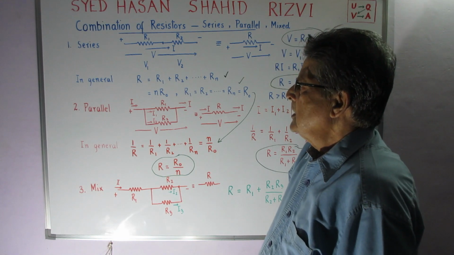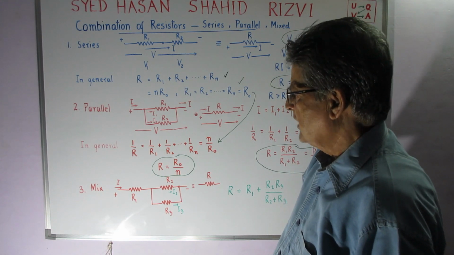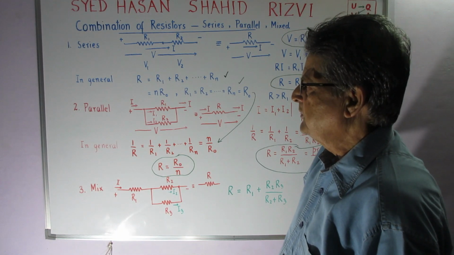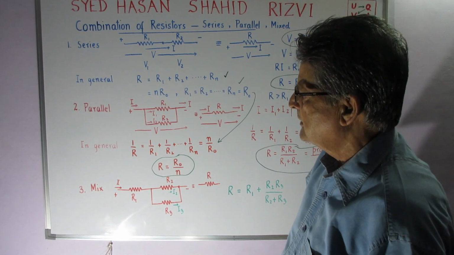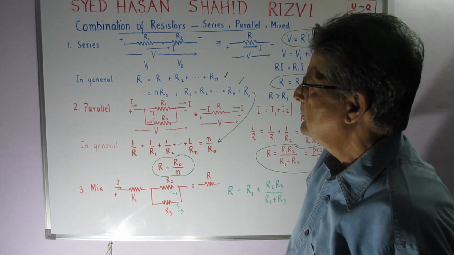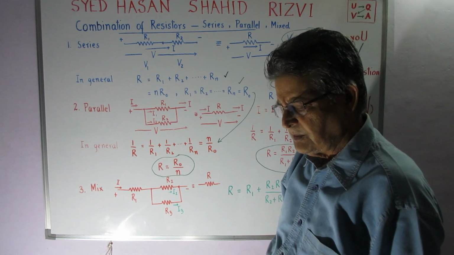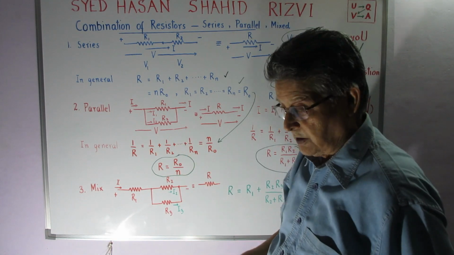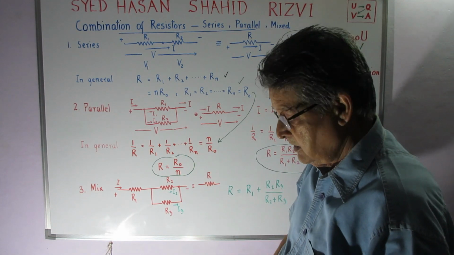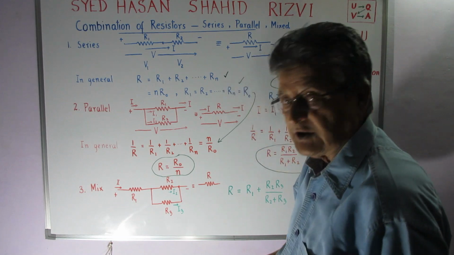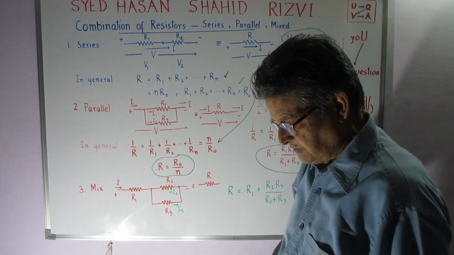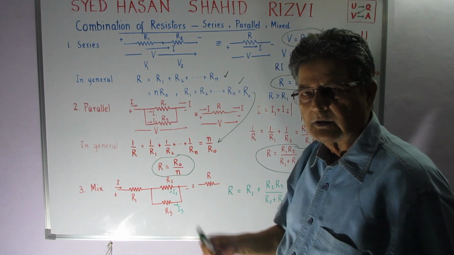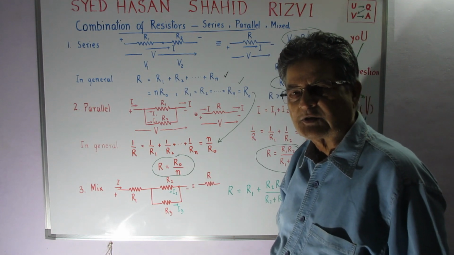Okay. So this is in a nutshell, in a very simple form, an introduction to the series, parallel and the mixed combination of resistors, just similar to the case of the capacitors that we have taken before. But capacitors are the storage devices, whereas resistors are always Raja Betas, the kings and princes of Tartary.